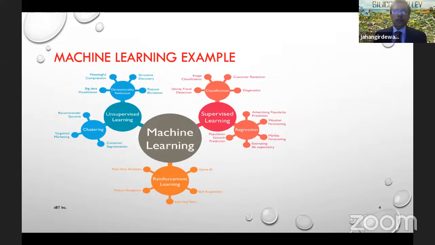Those kinds of things can be handled by supervised learning as well. Then another concept is reinforcement learning. So mainly, three different ways machine learning works nowadays: supervised learning, unsupervised learning, and reinforcement learning.